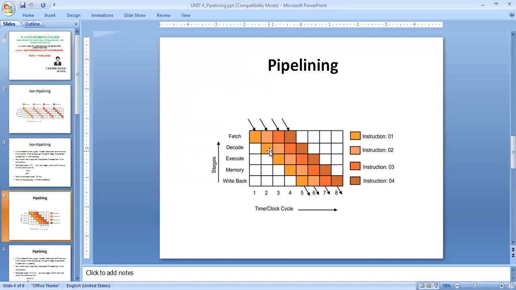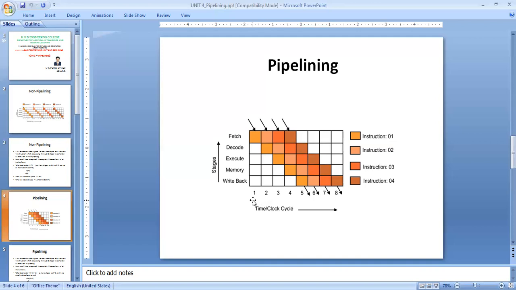Similarly, after completing decode, instruction 1 moves to the execute phase, instruction 2 will move to the decode phase, and it is going to handle instruction 3 in the fetch stage. So it gradually increases the stages. After completing one stage, it moves to the next stage. The next instruction can be handled simultaneously.